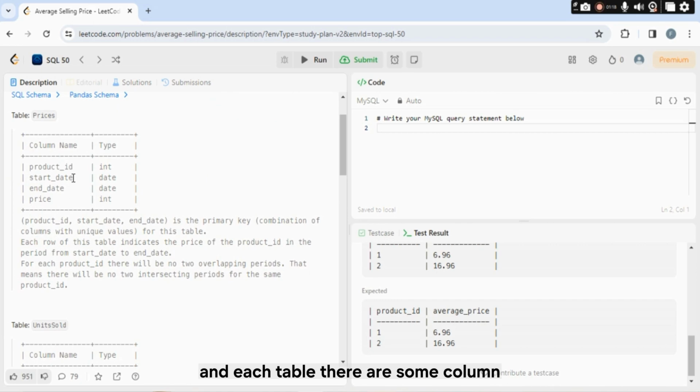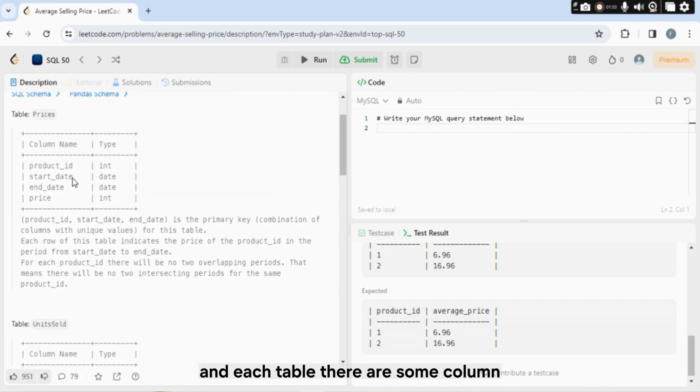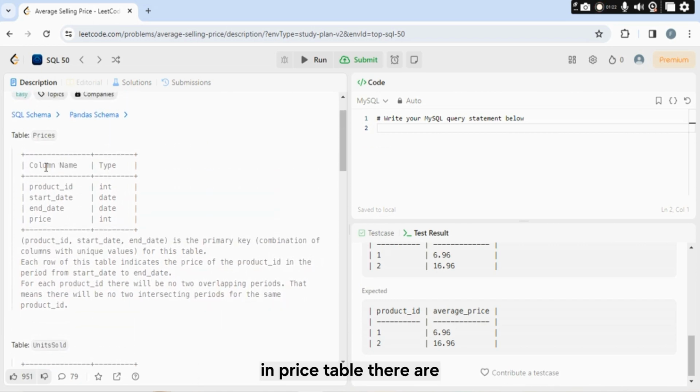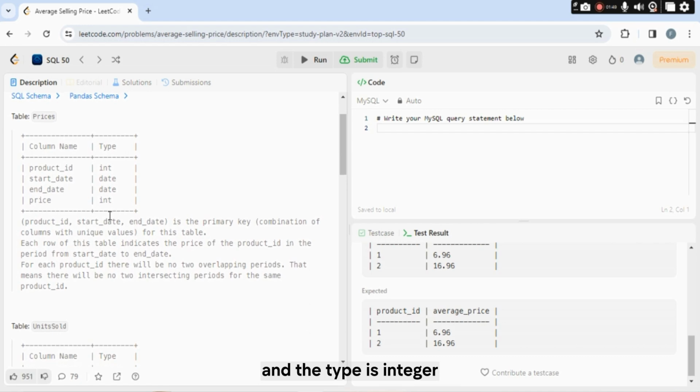Each table has some columns. In the Prices table there are 4 columns: product ID, the type of product ID is integer; start date, the type of start date is date; end date, the type of end date column is date; and price, and the type is integer.